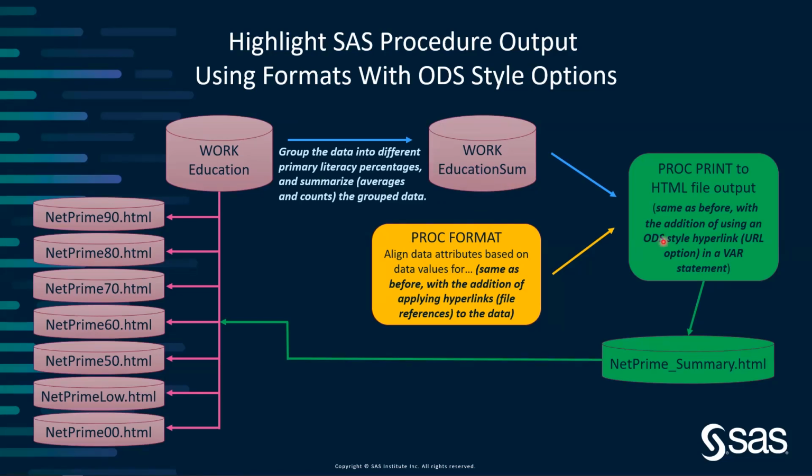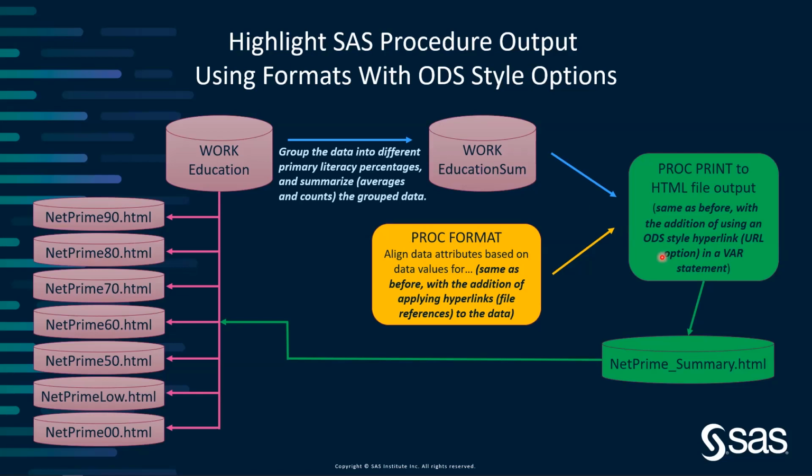All right, now I'm still going to use some ODS style options, but this time the option isn't going to be for coloration or for font. It's going to be to create a hyperlink from my summary data, which I will generate a nice HTML report of the summary data.